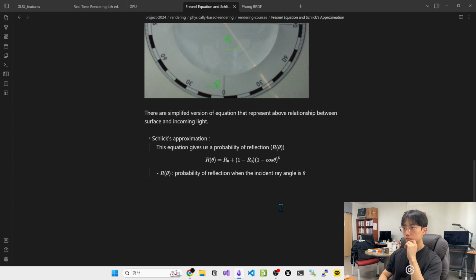R0 is the probability of reflection on normal incidence. So this means that if light would be coming from above, what are the chances that it gets reflected?